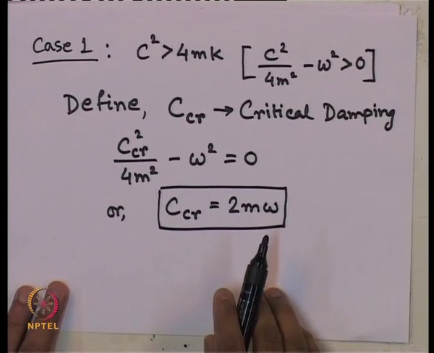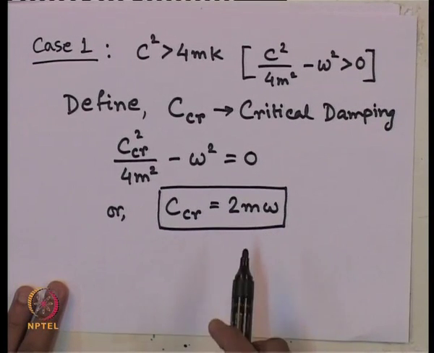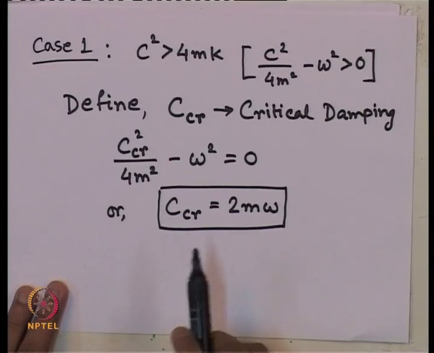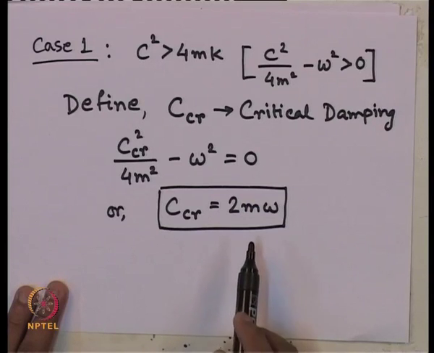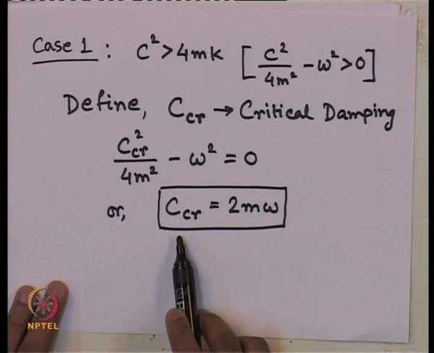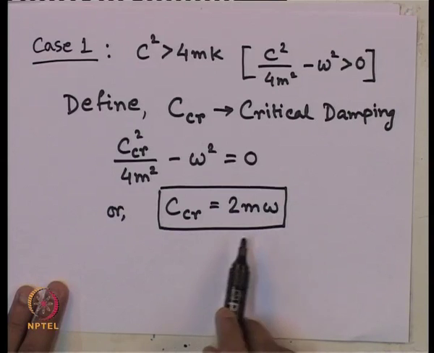Now, if we compare this with our previous solution for case 2, where roots were real and equal, this denotes to that case. So, we have just now solved a case of critically damped condition. So, C_CR equals to 2 m omega.